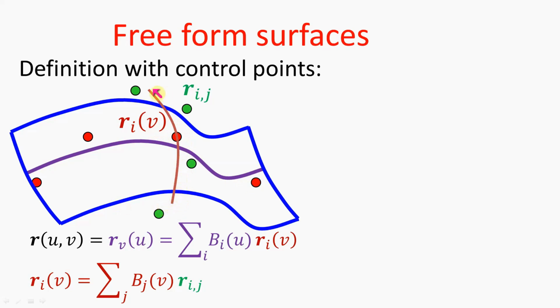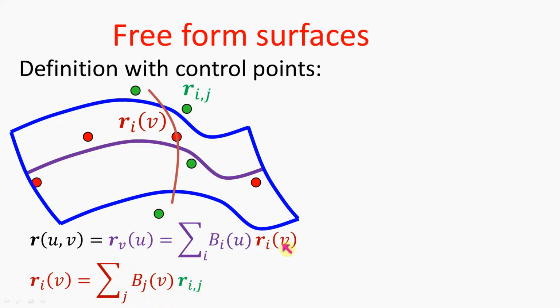This curve, that is the path of the red control point, can also be specified by additional control points, the green control points in this figure, and with some strategy which has associated weighting functions. The control point will be a function of v, and this function is the combination of the second level control points r_ij. The weighting of this combination is defined by the actual type of the curve.